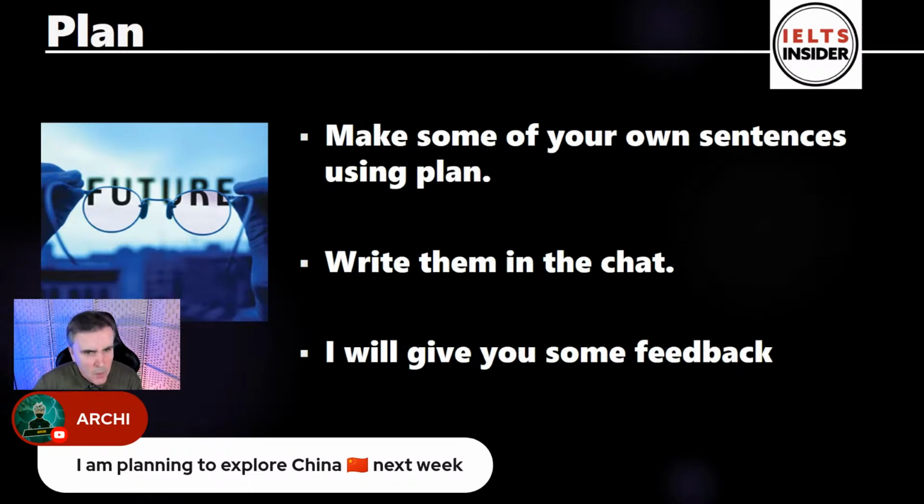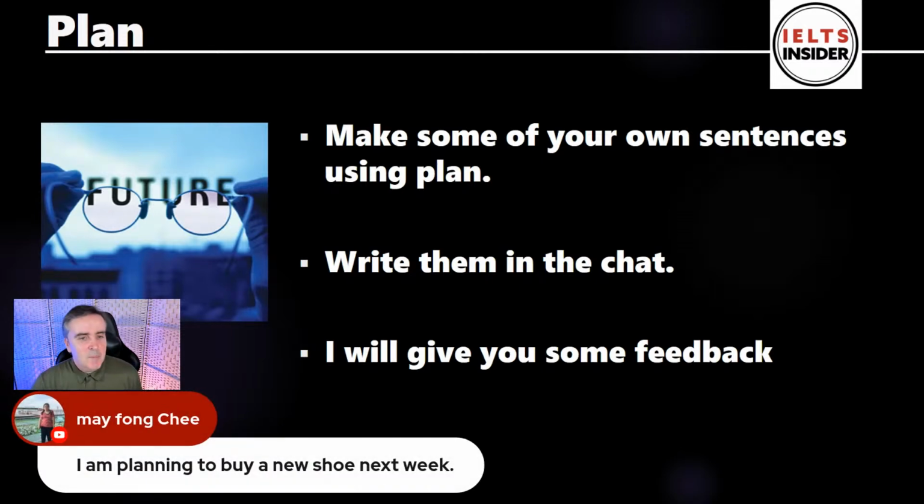Archie, I am planning to explore China next week. Okay. Yeah, it's got the CN. Very nice, Archie. I'm planning to buy. Now, May here, a new shoe would mean one, but usually when we buy, we're going to buy two. So take away a and add s at the end. I am planning to buy new shoes next week. New shoes.